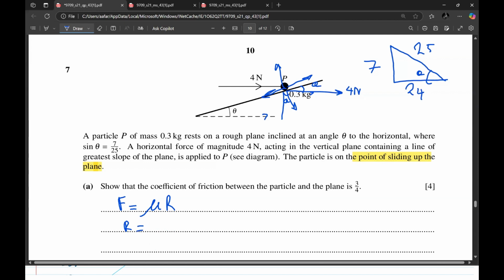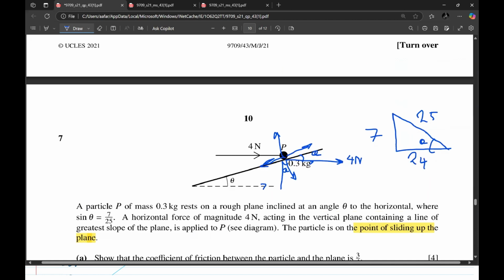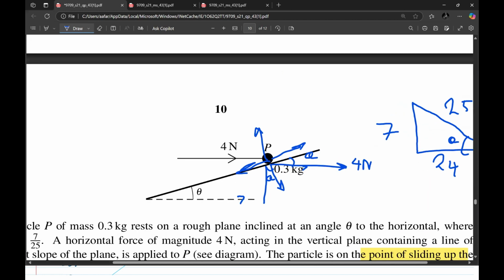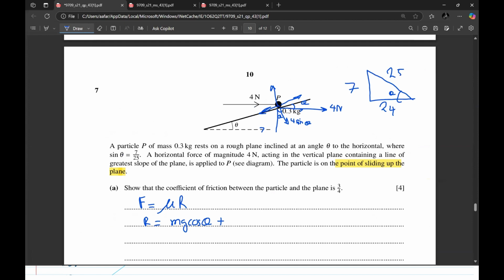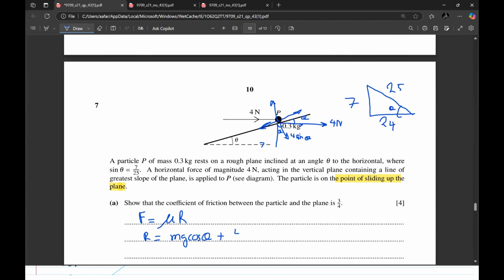So R will be equal to mg cos theta plus another component of force acting downwards, which will be the component of this 4 Newton force, 4 sine theta right here. So R will be equal to mg cos theta plus 4 sine theta.